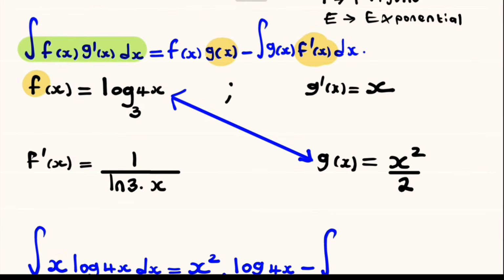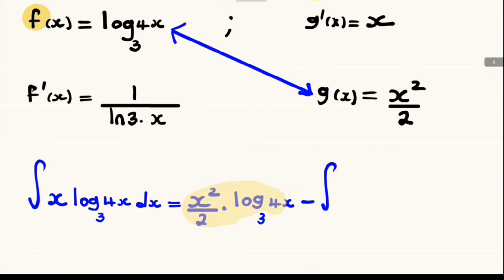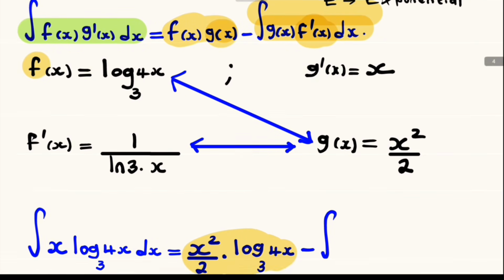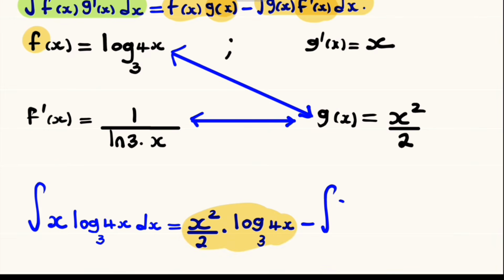So now the g of x is x squared divided by 2, and the f prime of x is 1 divided by ln 3 times x.